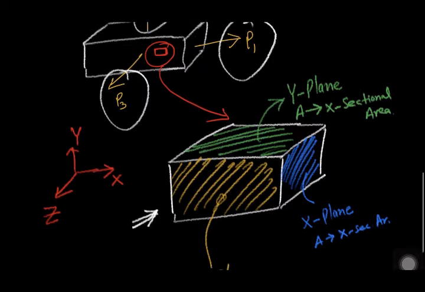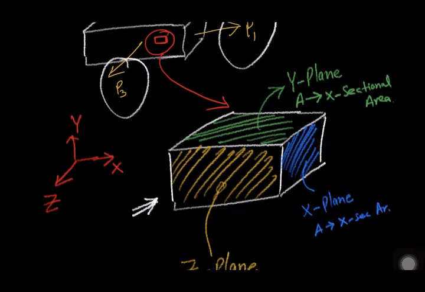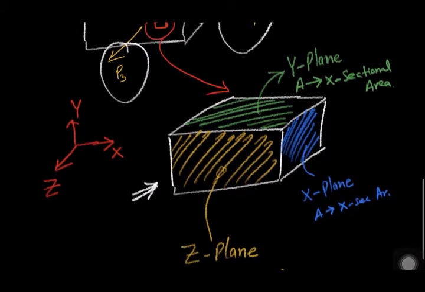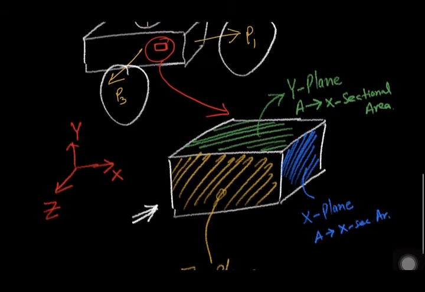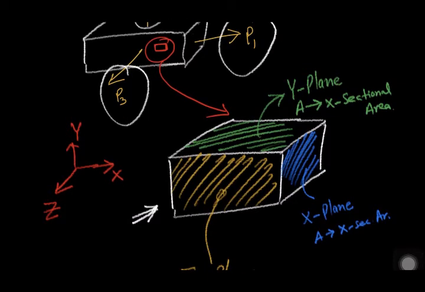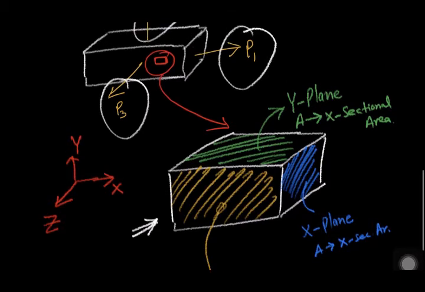This blue is the x plane, this yellow the z plane, and the green the y plane. In the x direction, since there is a force P1, this will lead to P1 by A, which means a normal stress sigma x.